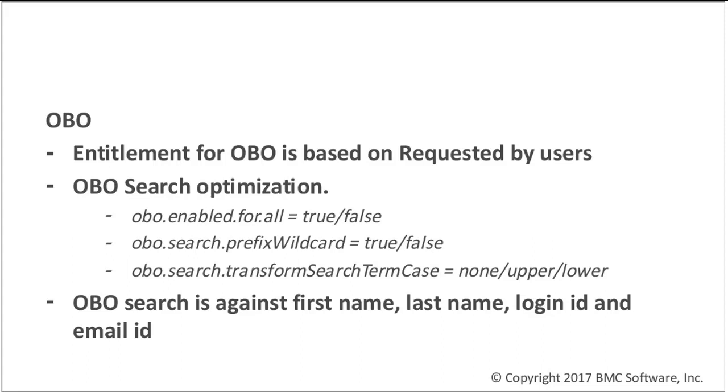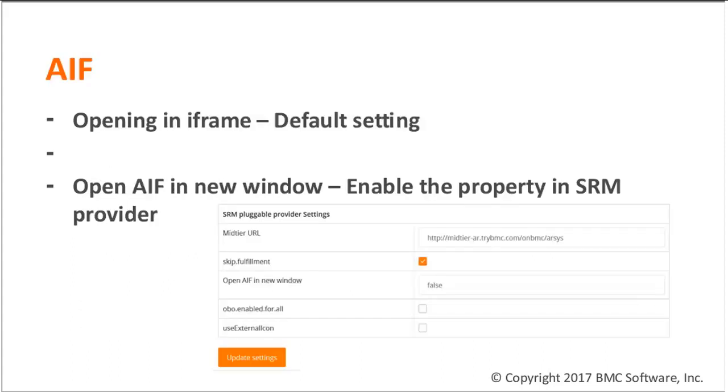By default, it is none, meaning non-transform. So if you want to do that, you can set this property as well. And all these configuration settings are part of the SRM provider configuration. This is the screenshot for the SRM provider configuration.